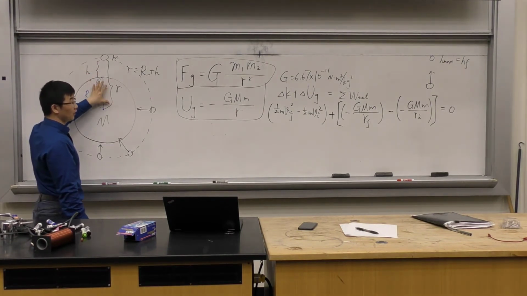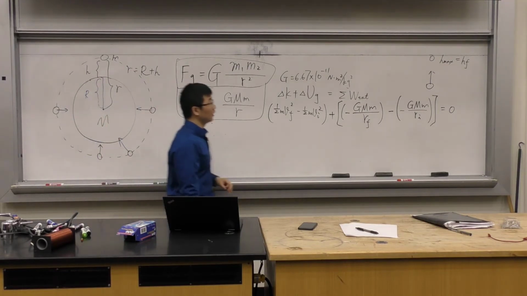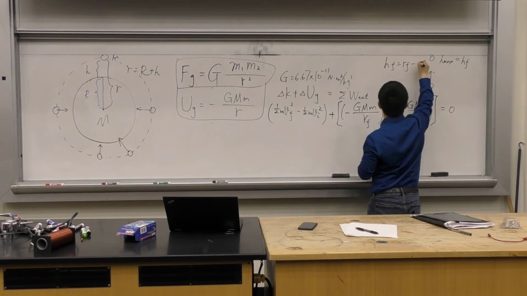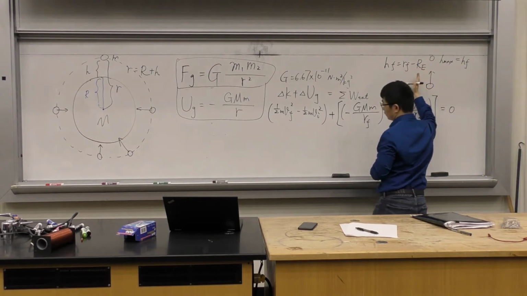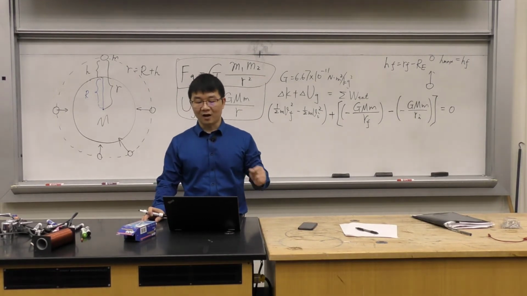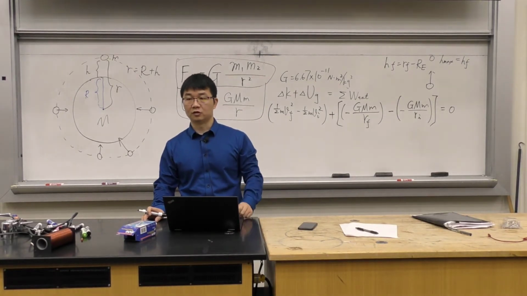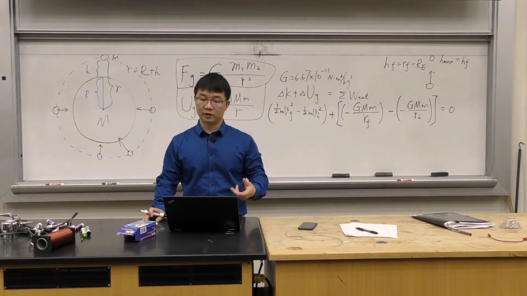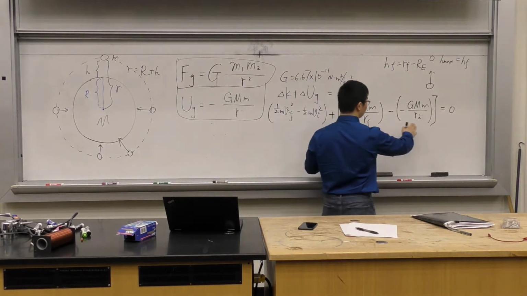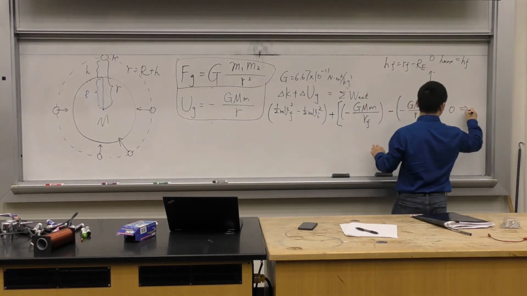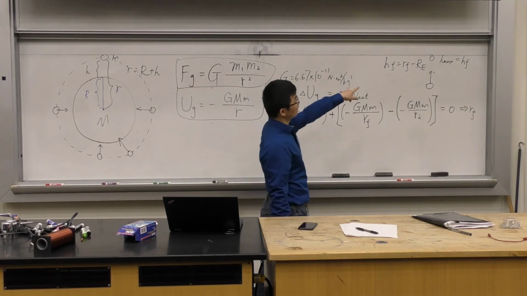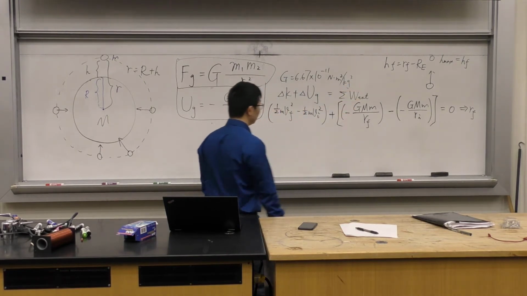So I can still find RF, and then at the end, HF is going to be equal to RF minus the radius of the Earth. Okay, don't forget that step, because the problem only asks you to what height will it rise. You don't include the radius of the Earth. So I'm going to still solve this problem to find RF, because I can only find RF in this equation, and then subtract the radius of the Earth.